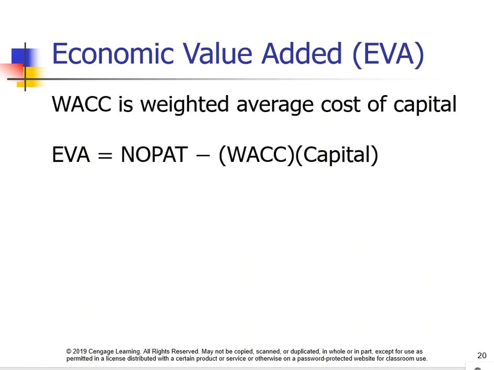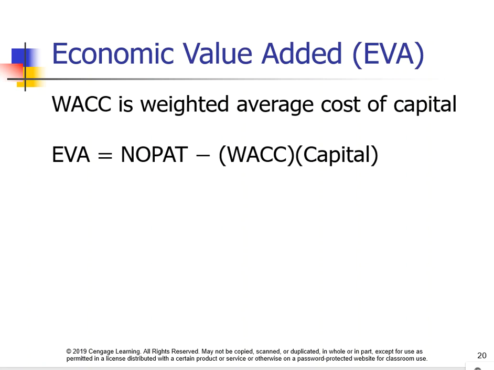Economic value added is a number that we can use to evaluate performance. So a big problem in finance is, how do you evaluate performance? You try to get managers to do what the stockholders would want them to do, but there's all kinds of ways around that.